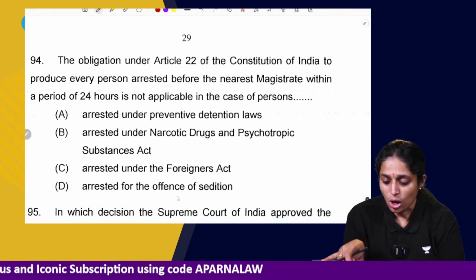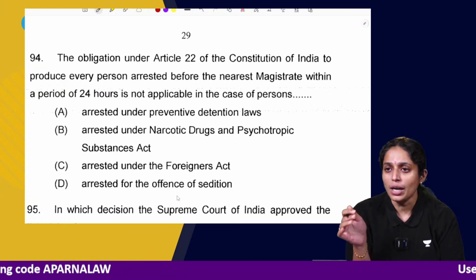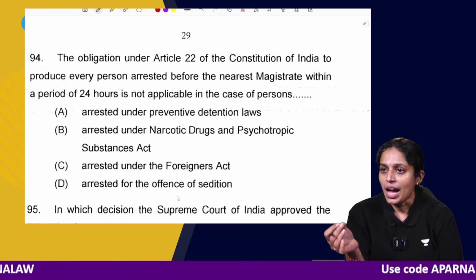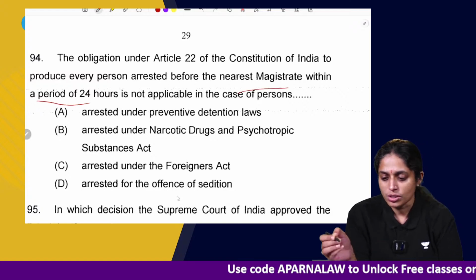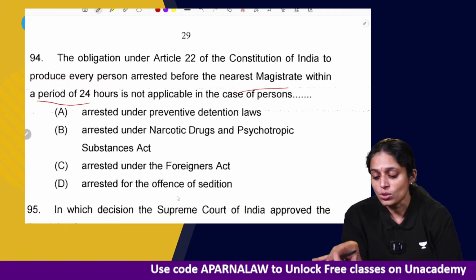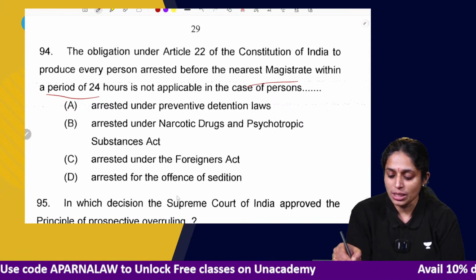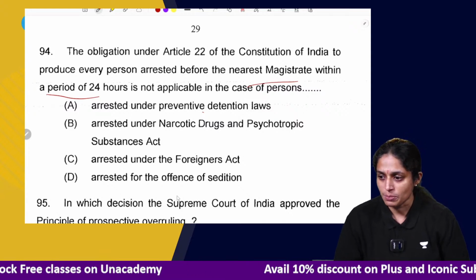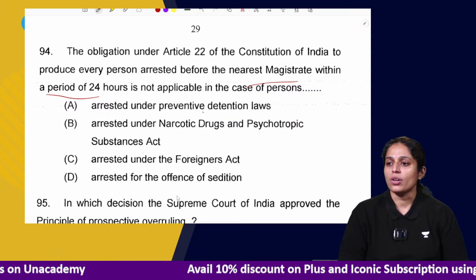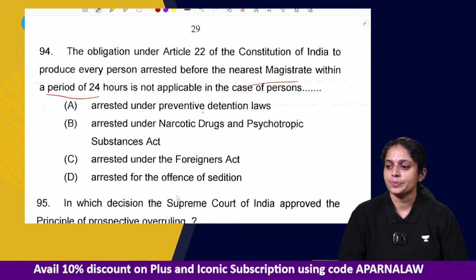94th question. The obligation under Article 22 of the Constitution of India to produce every person arrested before the nearest magistrate within a period of 24 hours is not applicable in the case of persons A. arrested under preventive detention laws, B. arrested under Narcotic Drugs and Psychotropic Substances Act, C. arrested under Foreigners Act, and D. arrested for the offence of sedition.